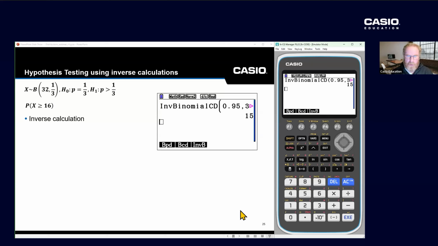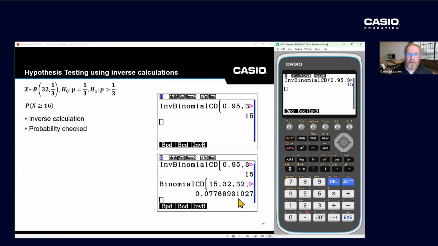I should say that you need to approach this value with caution. It may be 15. It may not be 15. So this is just a ballpark figure where you can have a look at calculating the values, see whether they are correct or not. We can check the probability quite easily by doing a right-hand side cumulative calculation using BCD.